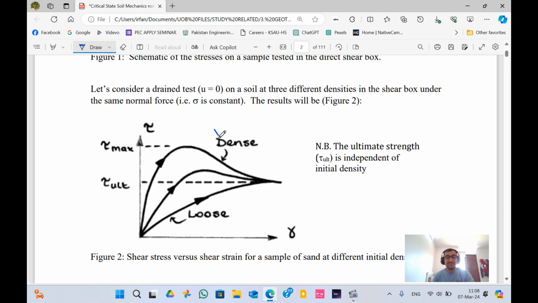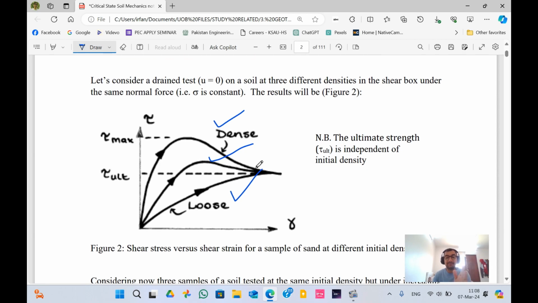One is the dense state, one is the loose state, and the middle one is, you can say, the intermediate state between these two. So if a normal stress is applied on the soil sample, what will happen? Now we will see.